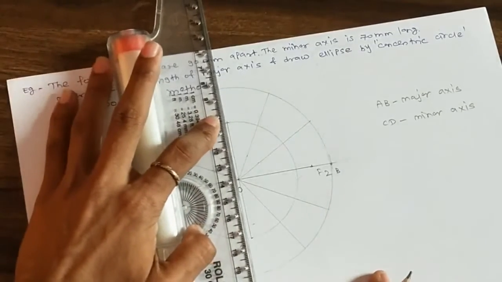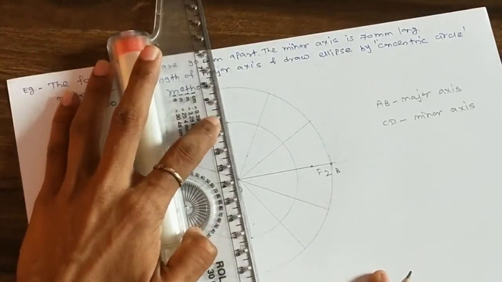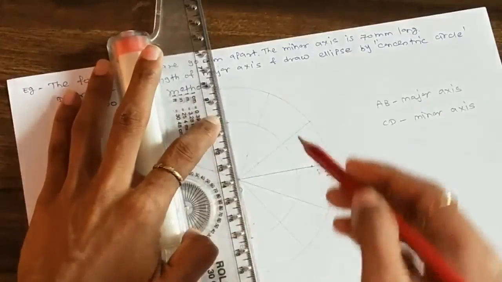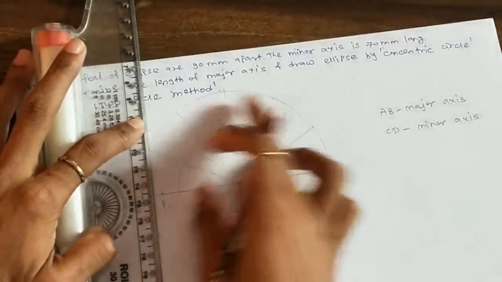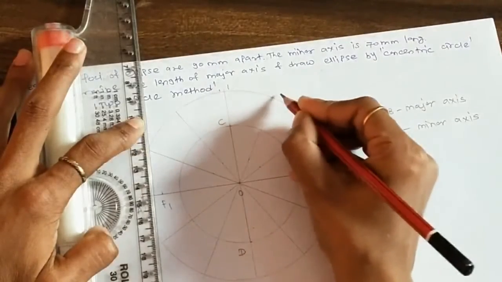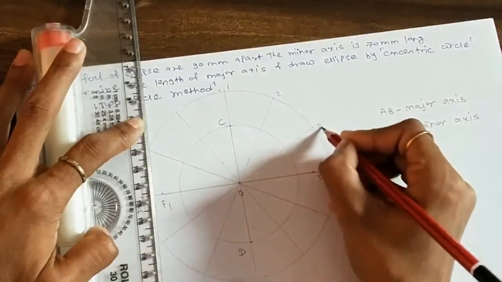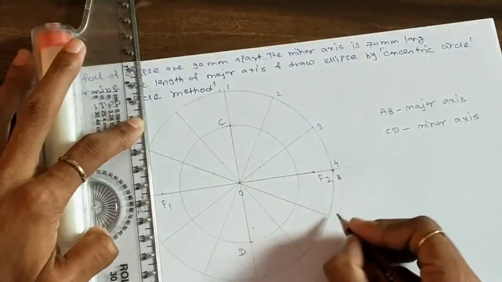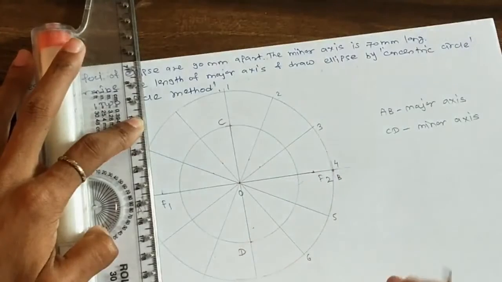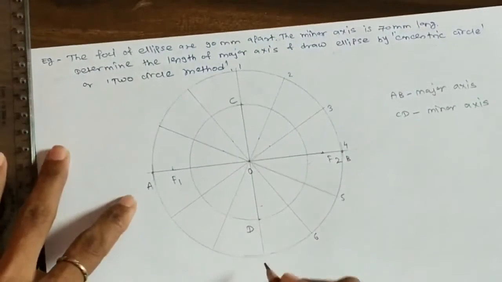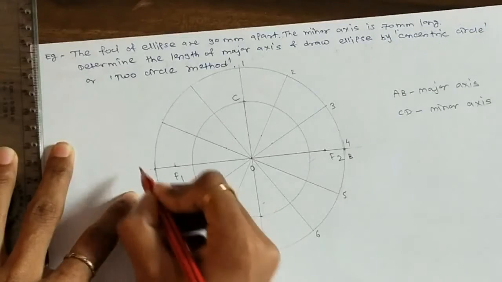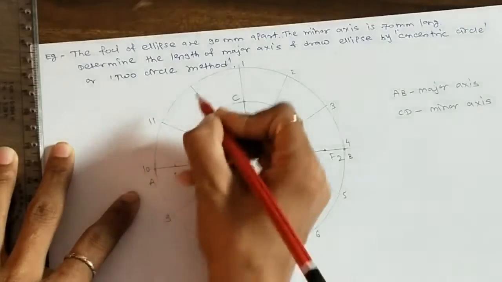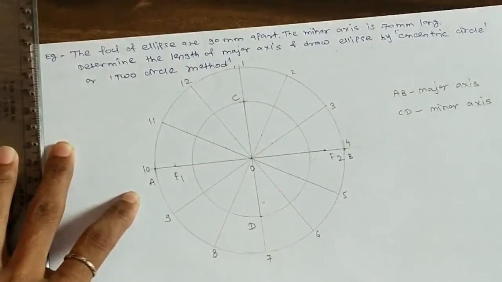Extend this minor axis CD. Give names: this is 1, 2, 3, 4, 5, 6, 7, 8, 9, 10, 11 and 12.